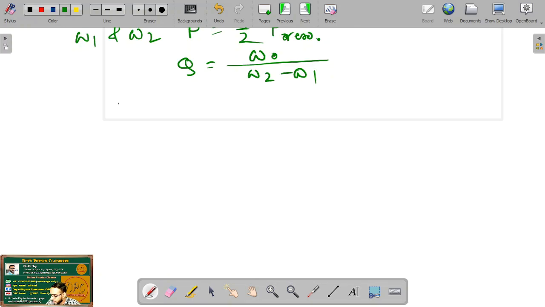Now we have proved that average power is F square B by 2Z square, and also the average power at resonance is F square by 2B.